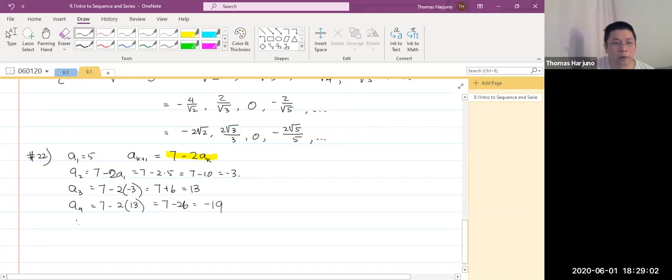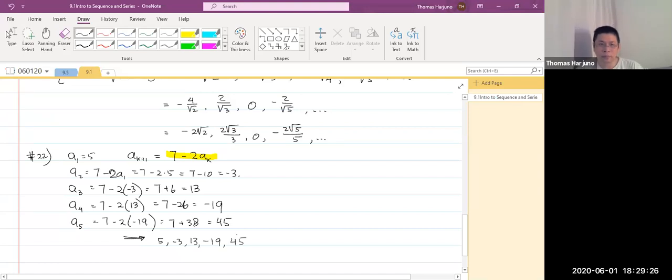And the fifth term, 7 minus twice the previous term. So 7 plus 38, that's 45. So the sequence will basically be 5, negative 3, 13, negative 19, 45, and on.